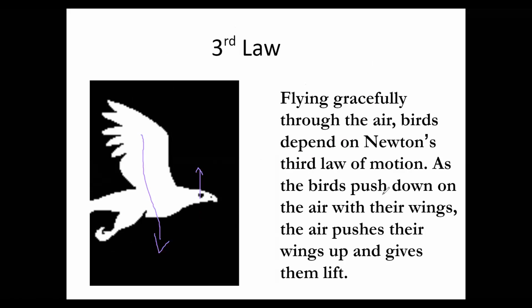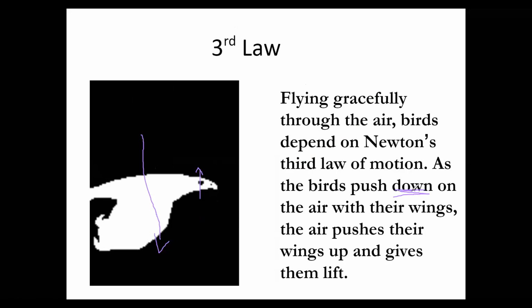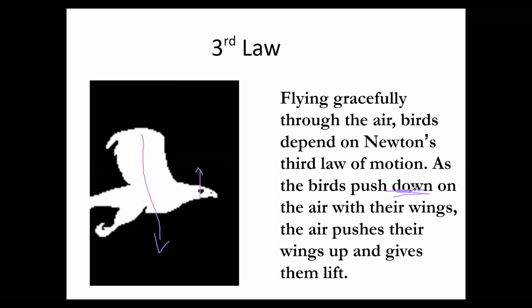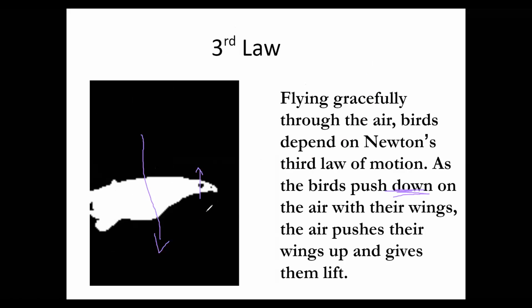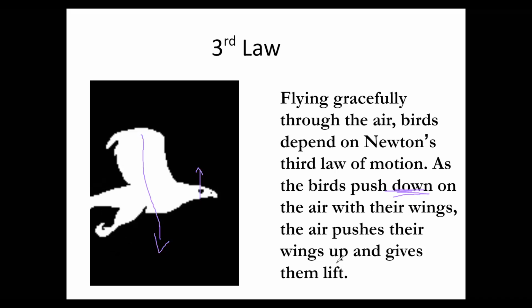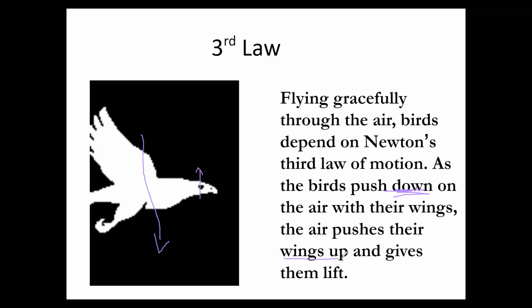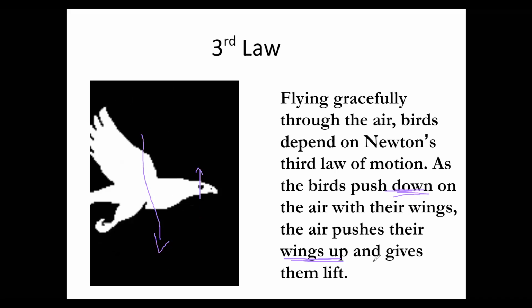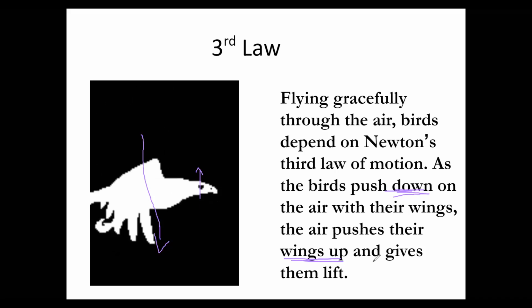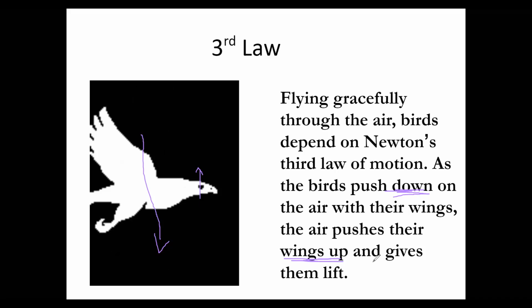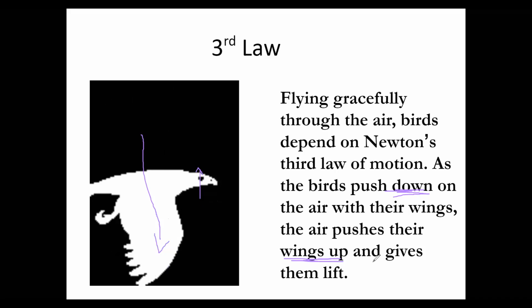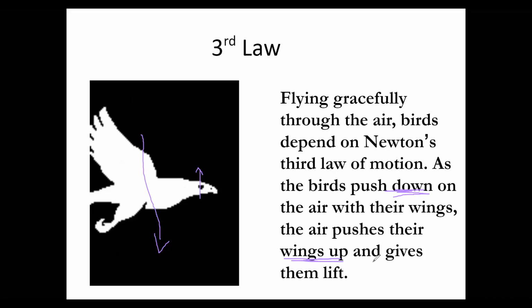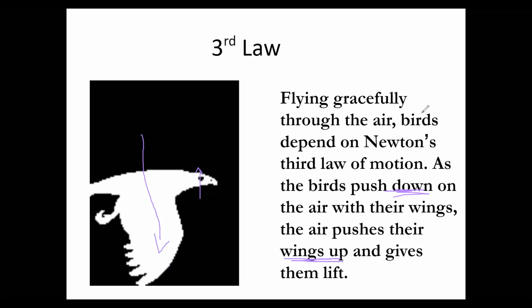So the birds are pushing down on the air with their wings. But when they do that, the air is exerting a force against the bird, and that is what's pushing it up. So the birds push the air down, which pushes their body up because the air is the reaction force against the bird wing.